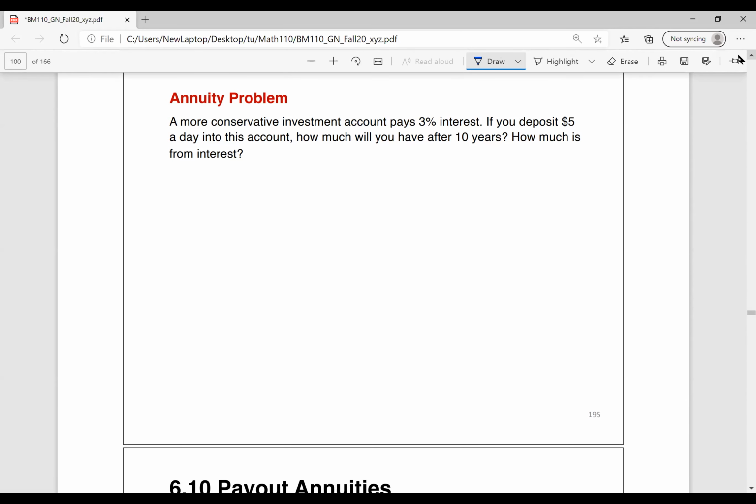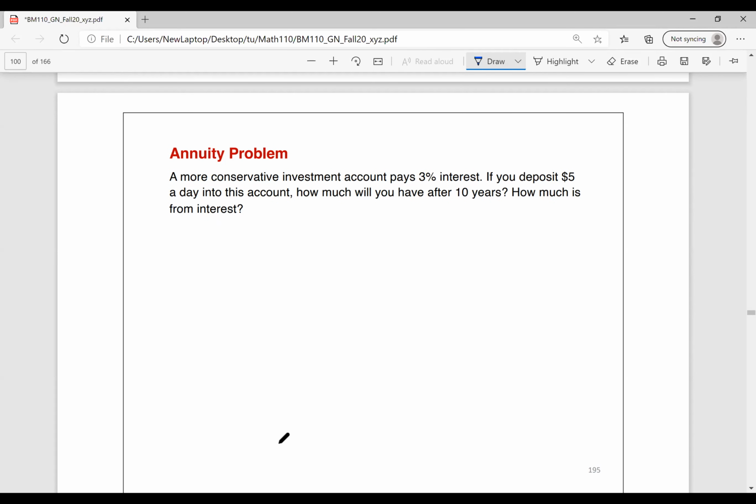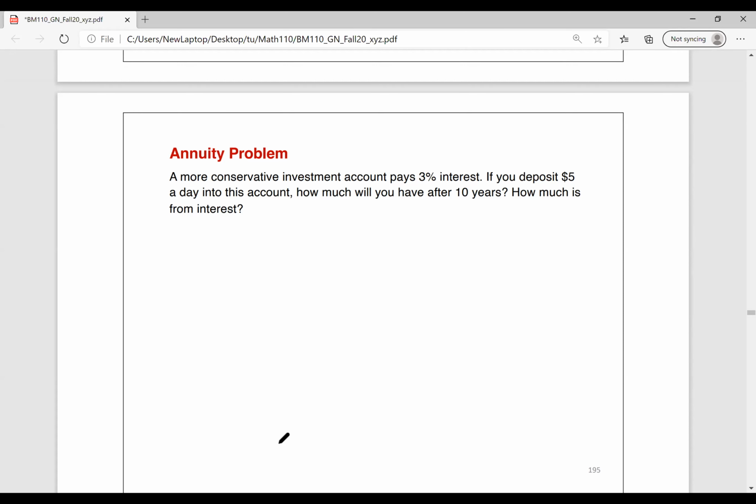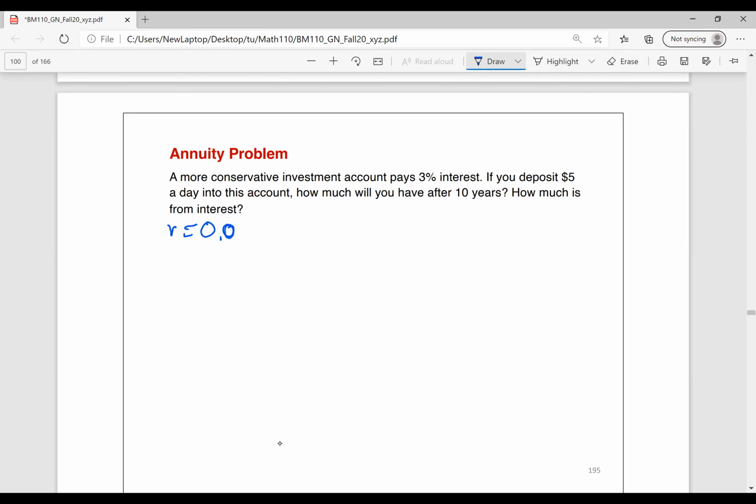A more conservative investment account pays 3% interest, which means R equals 0.03.